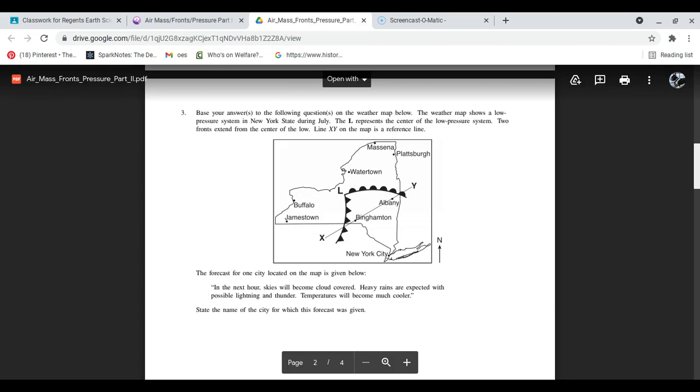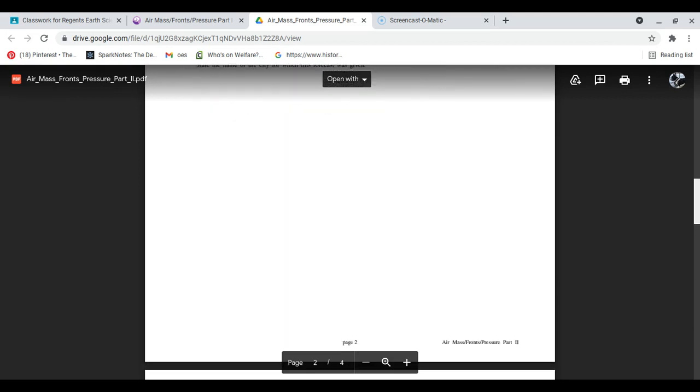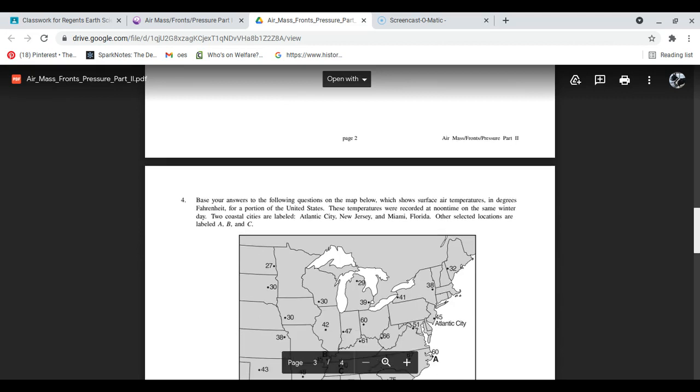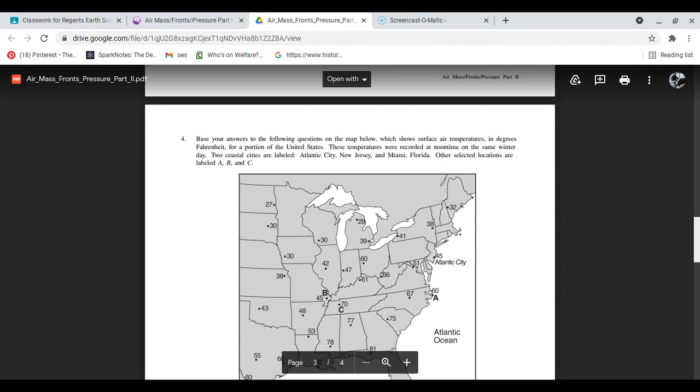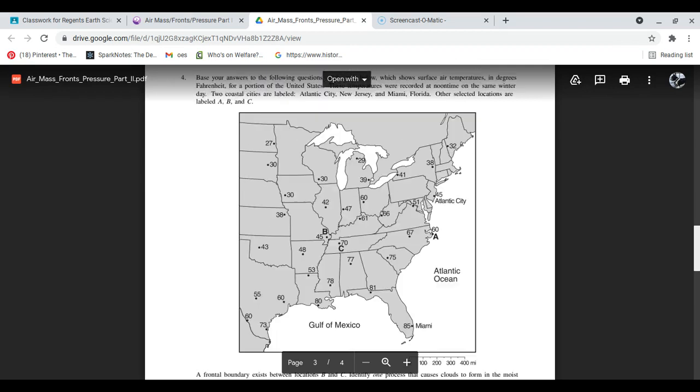Which one of those cities is going to have, in the next hour, fairly close, cloud covered skies and heavy rains? Are you good? Okay.